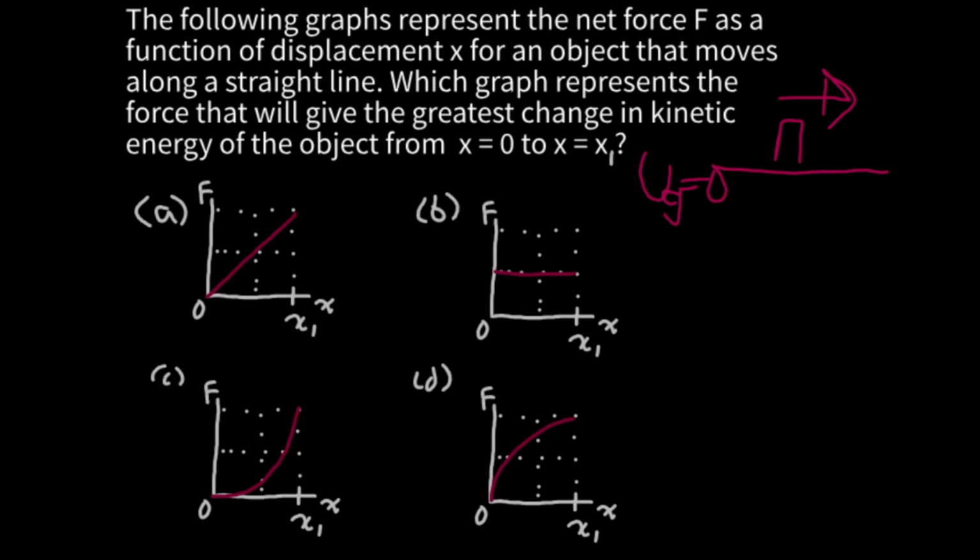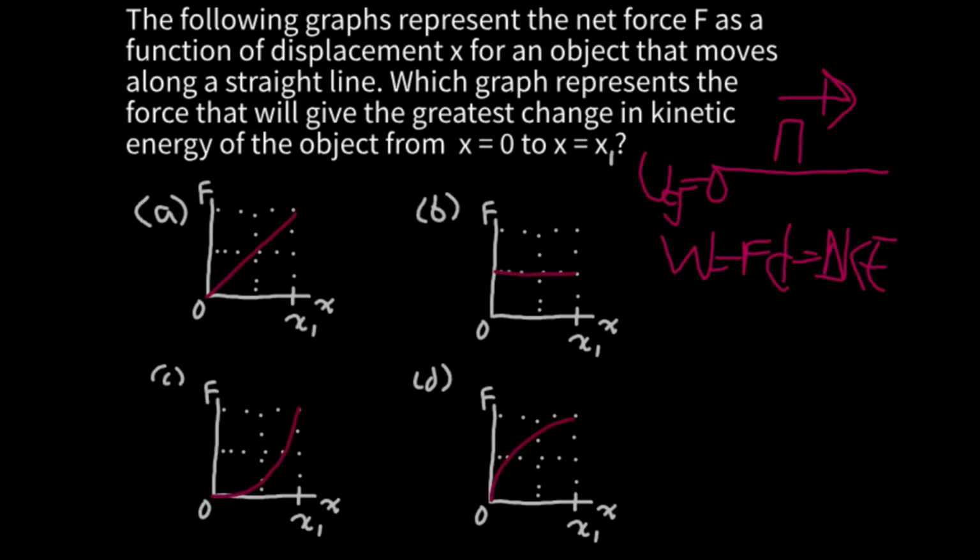So that means the only type of energy we have is kinetic energy. So therefore any work done, which equals force times displacement, and our force is acting in the direction of motion, so the angle is 0, cosine is 1, and that will equal our change in kinetic energy.